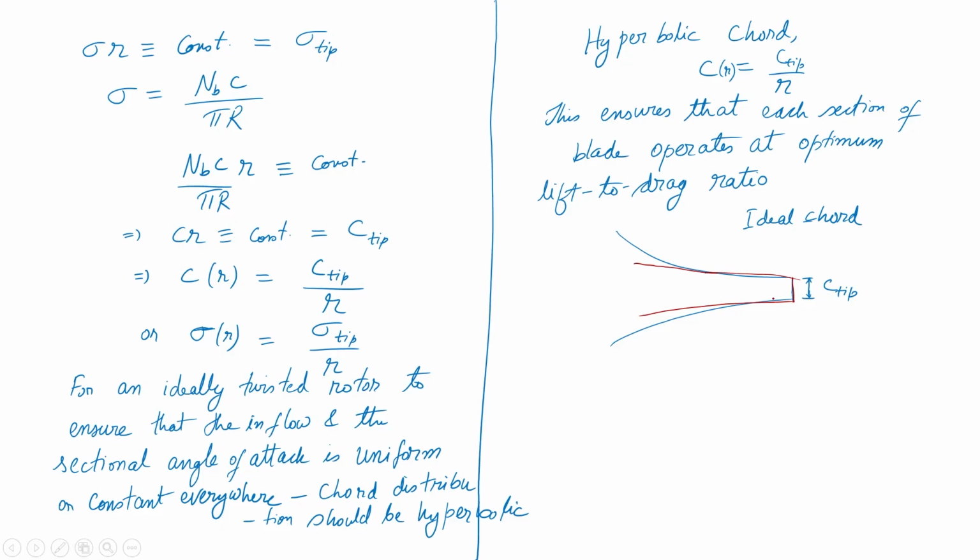I cannot use this hyperbolic thing, but I can use a linear taper, right, which is a form of approximation. So, I can have a linear taper with the same C tip whatever this hyperbolic twist requirement gives me.